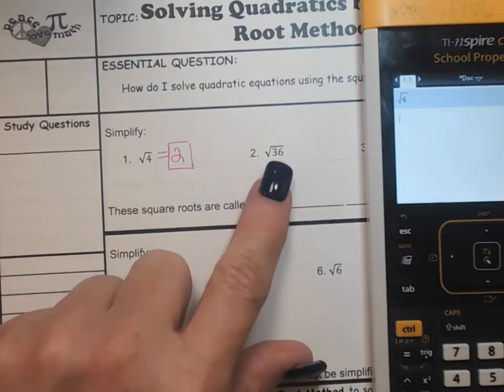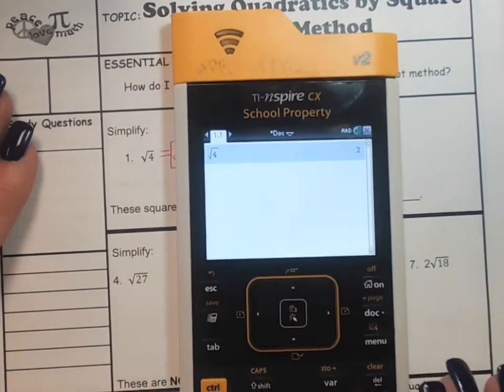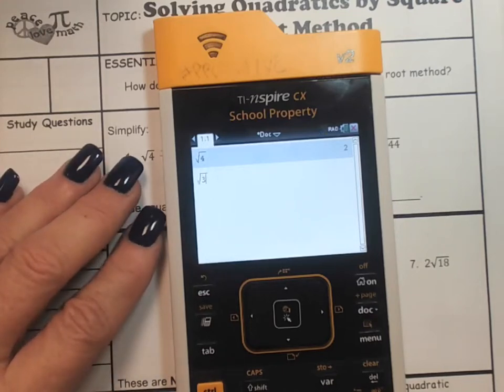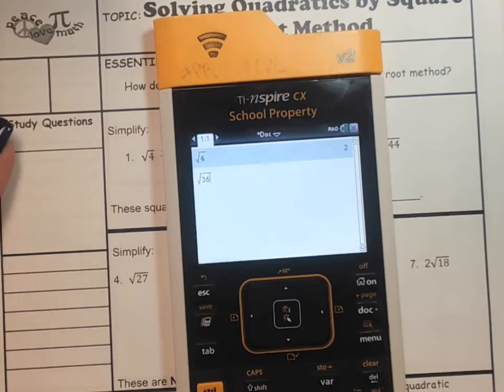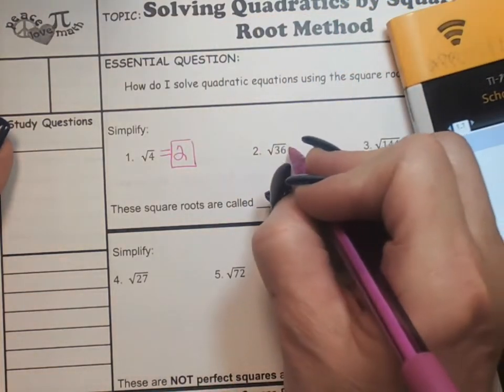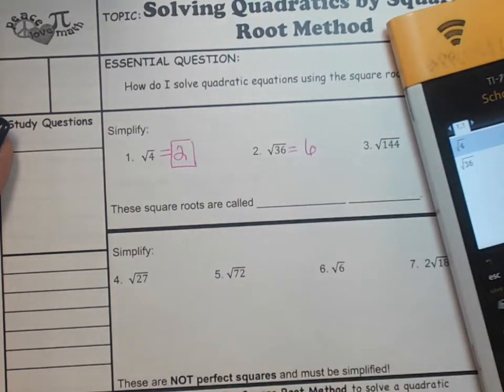Now we're going to do the next one, which is the square root of 36. We go to our calculator and do the same step, Control square root. Type in 36, and it tells you it is 6. So the square root of 36 is 6.